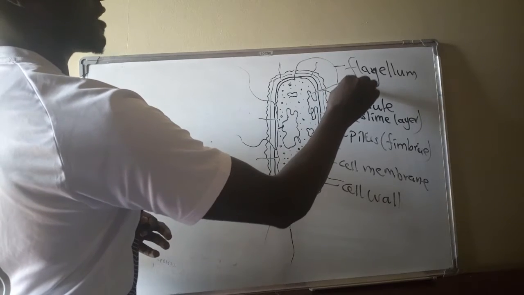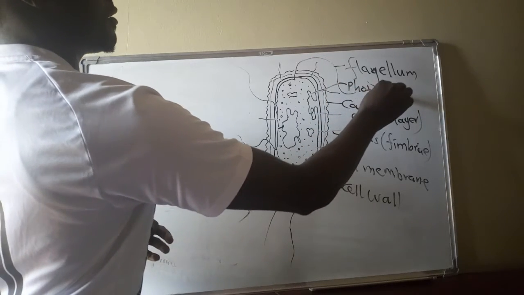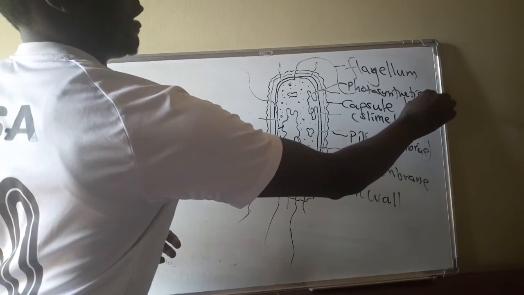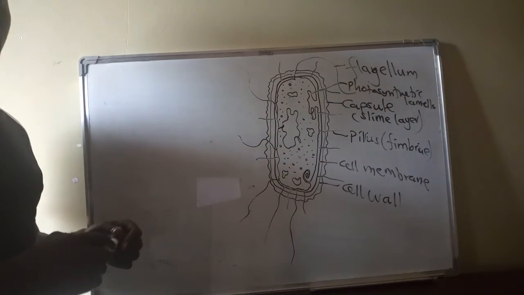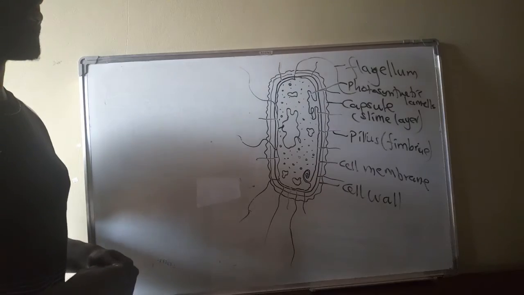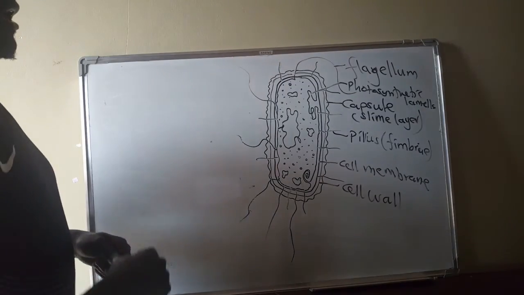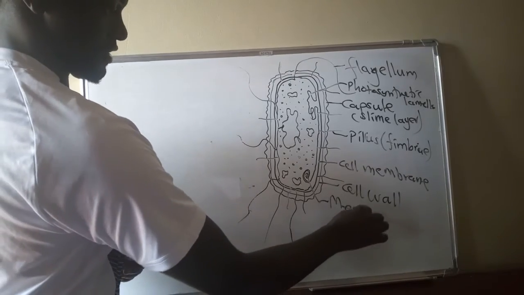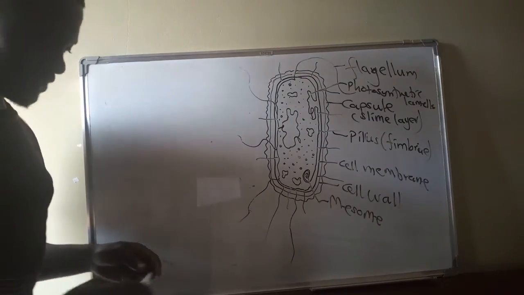This is the photosynthetic lamella, found associated with bacterial chlorophyll and other photosynthetic pigments. Another infolding is the mesosome, concerned with synthesis of energy, that is ATP.